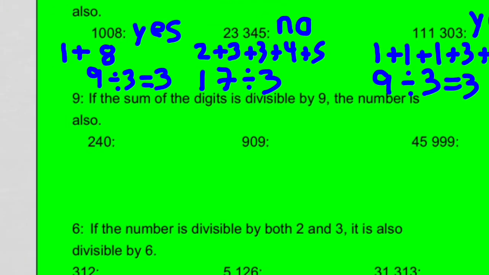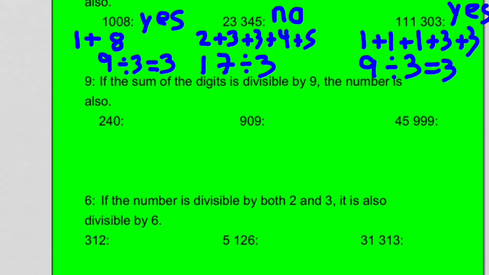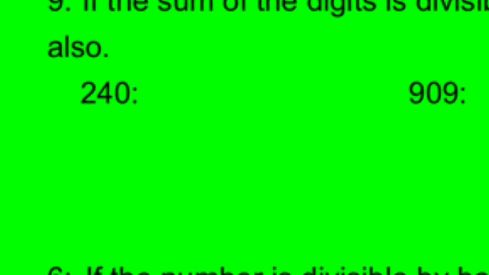Now, the divisibility rule for 9 is identical. If the sum of the digits is divisible by 9, then the number is also. So the exact same rule, except we have to divide that digit sum by 9. Let's look at the example 240. We'll add up the digits. 2 plus 4, and that equals 6.